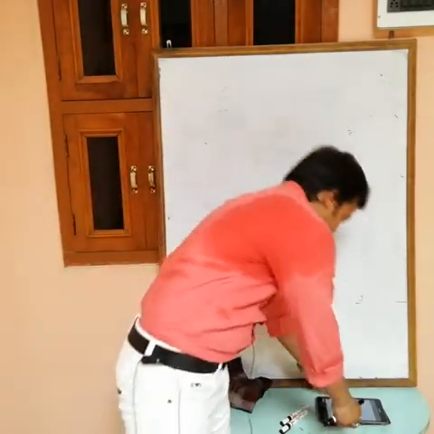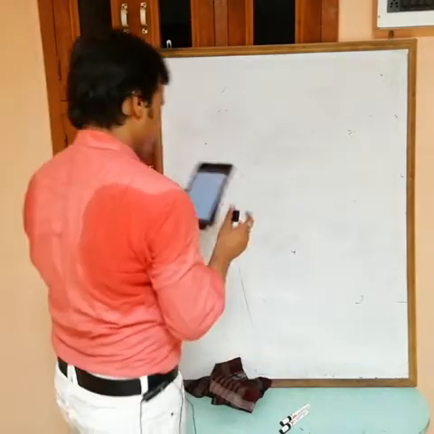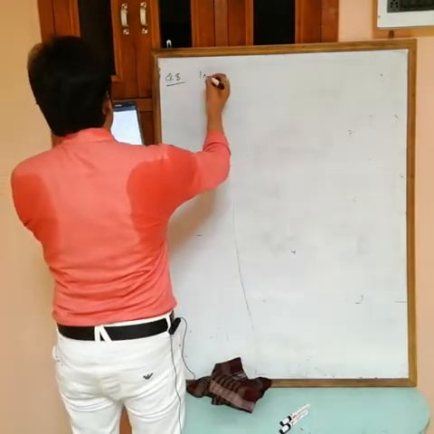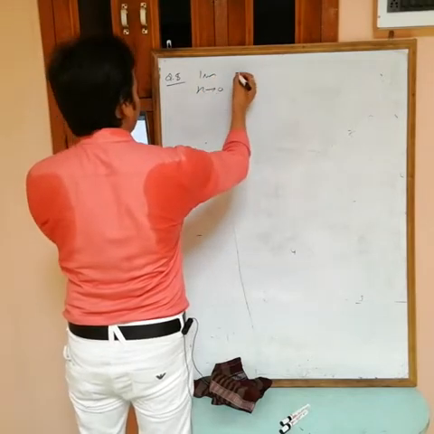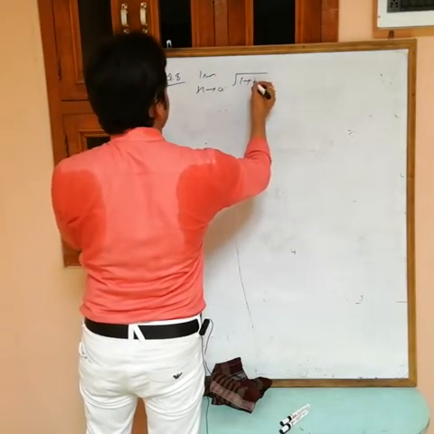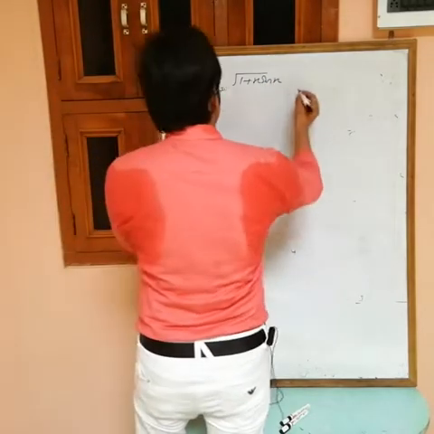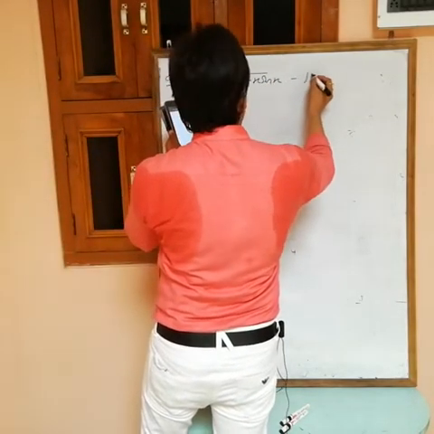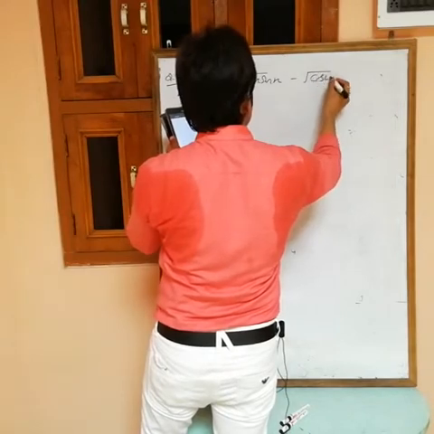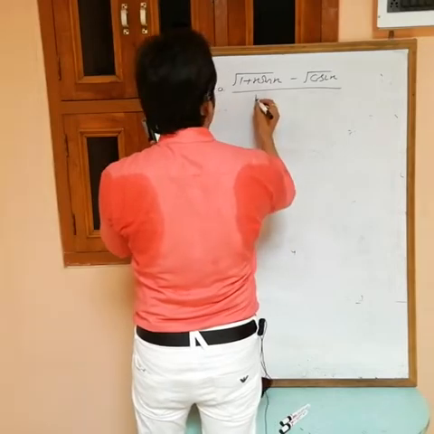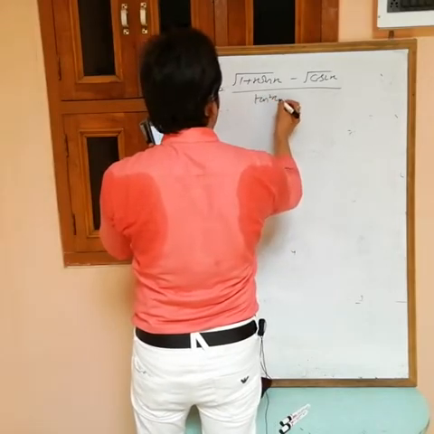Now next, question number 8. Limit x tending to 0, root of 1 plus x sin x minus root over cos 2x by tan square x by 2.